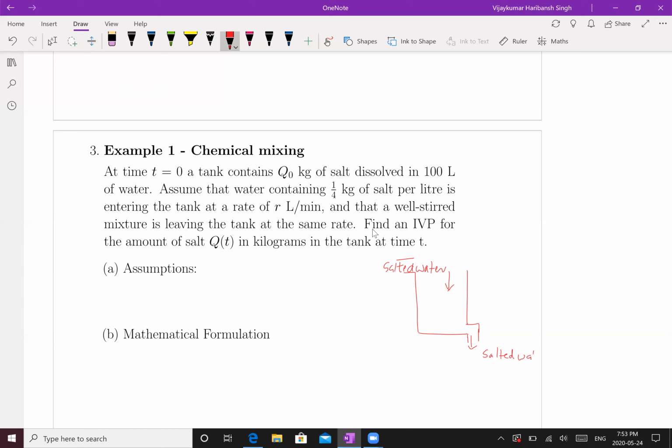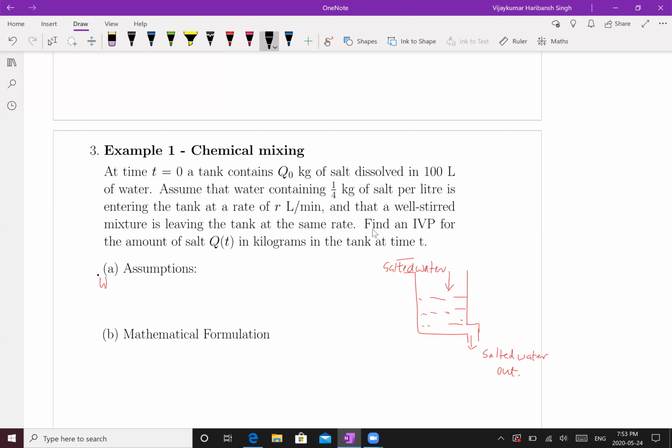So salted water out. So now let's try to do the first step. Now let's try to see what our assumptions are here. So from the problem above, what do we have?